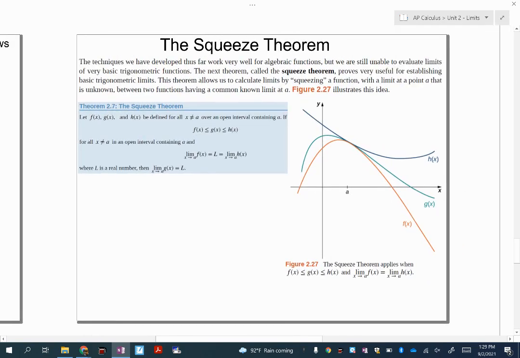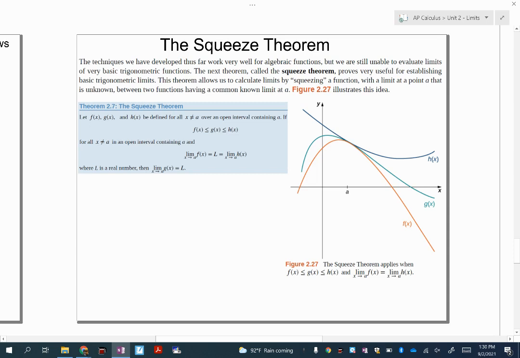Now the squeeze theorem. I'm going to do my best to explain it, but as I said, I think you might find it easier to understand if you read Calculus for Dummies. Essentially what the squeeze theorem is saying is that if you are unable to evaluate the limit of a function as x approaches a certain number, and you find two functions, one above the function you're looking at and the other below it, think of them as the bread of the sandwich.